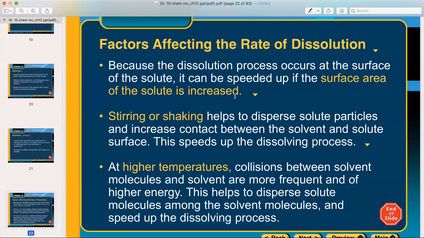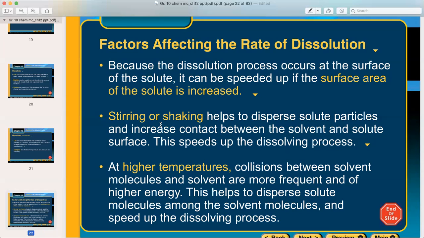Of course, the one in powder form has more surface area. And if you dissolve both of them, the one in powder form will dissolve more quickly compared to the crystal form. So this is the first factor: if you increase the surface area of the solute, the dissolving process will speed up.